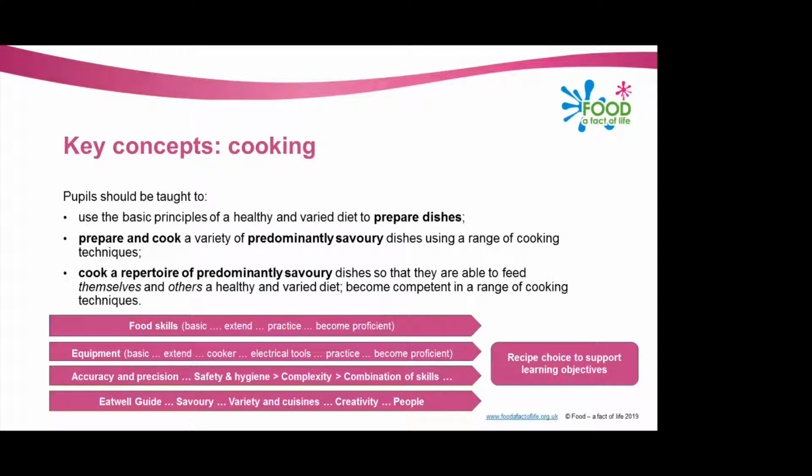So the recipe choice is there to support our learning objectives, not the other way round. So we don't just do sausage rolls or apple crumble because we've always done it, and that's a year 7 recipe. It's because they teach certain food skills, they've got that equipment, it's helping with accuracy, precision, safety and hygiene. It's part of our Eat Well pledge, variety and so forth as we move on.